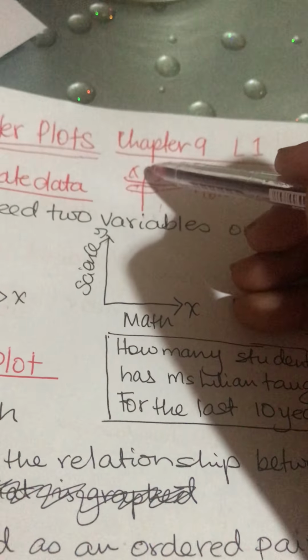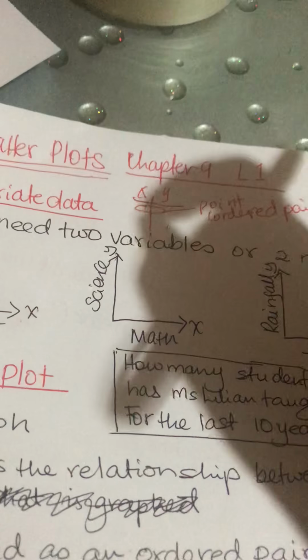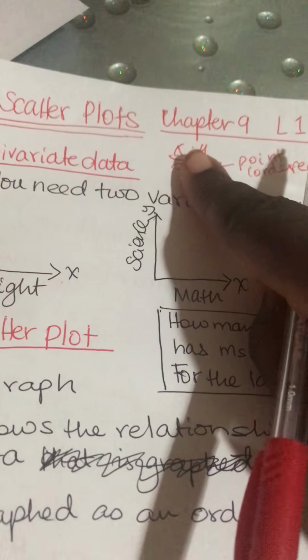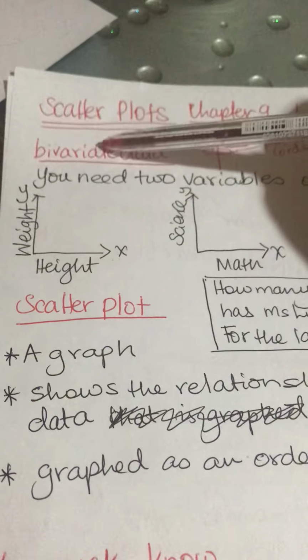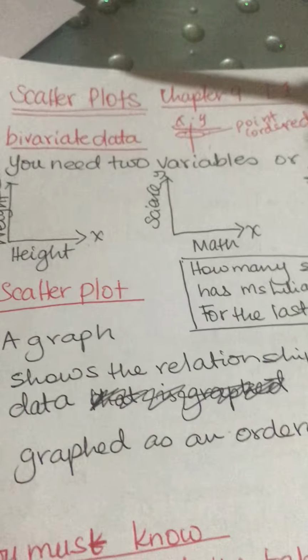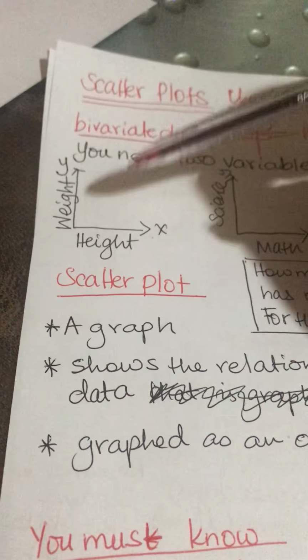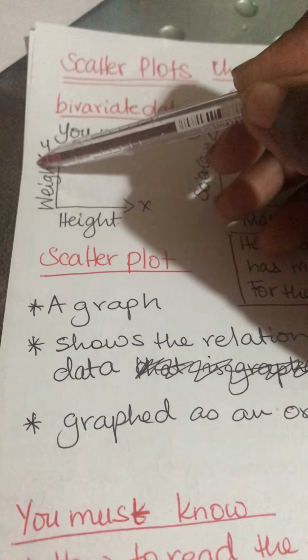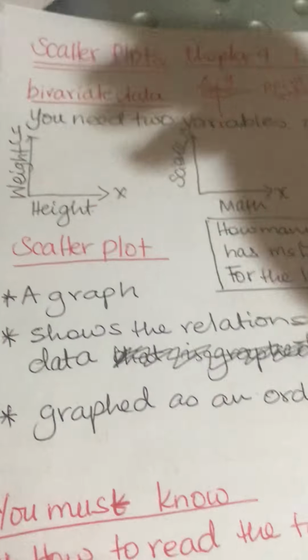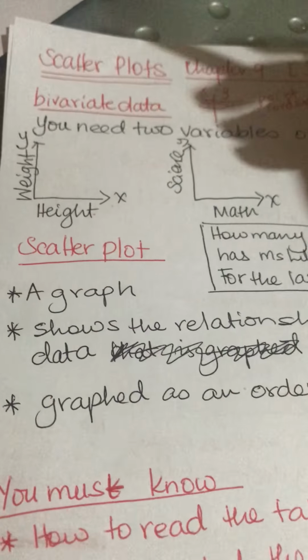So you start with a table, which means you collected data. After you collected data, now you will draw a graph. Now we are saying bivariate data, you need 2 variables or 2 numerical observations. So if I go to the doctor, they will measure my height and weight. Usually that's what the nurse does before the doctor sees you.